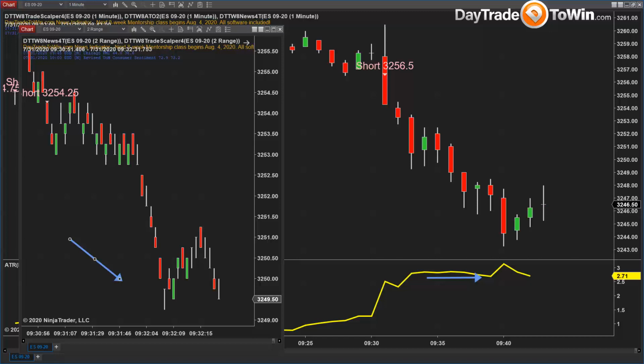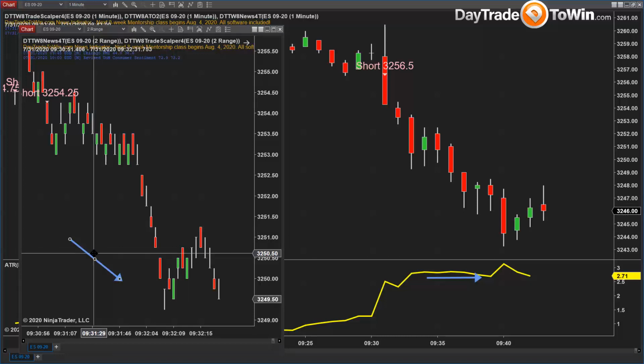All right, so Liz says here, are the signals based on the range chart or time, or both? So what we're looking at here is either, because you can add the TradeScalper or the Atlas line to any type of chart. So we're looking right now just at the TradeScalper, and it can be applied to any type of chart.